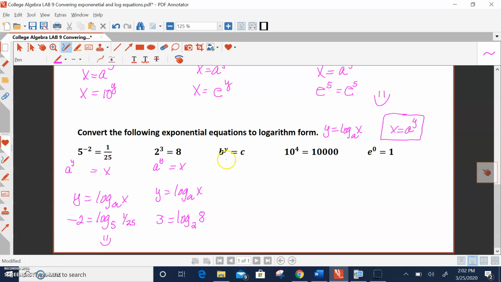This one, what's it going to look like in y equal log base a of x format? What's in the y position? Actually, it's the letter y. What's in the base position? It's a b. And what's left over is the c.